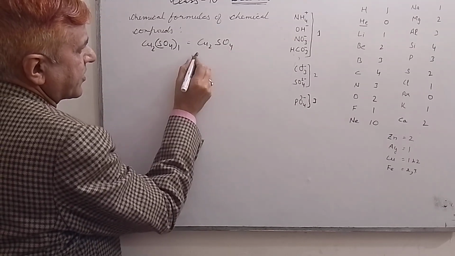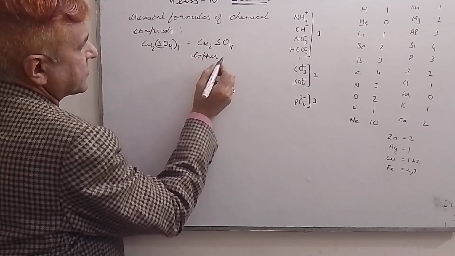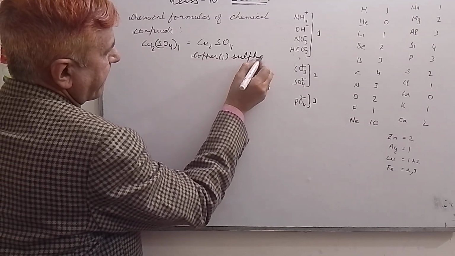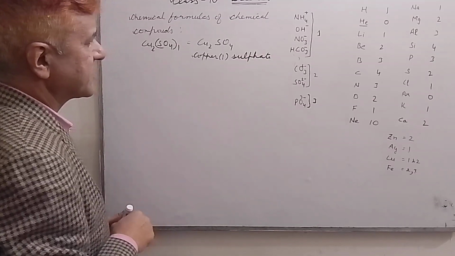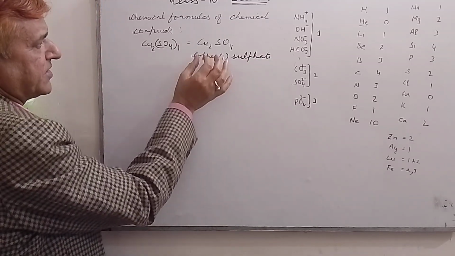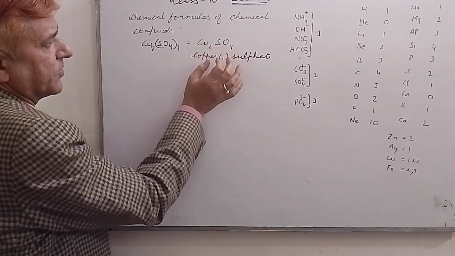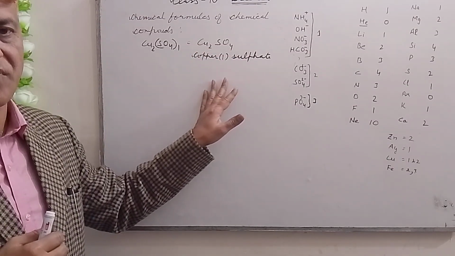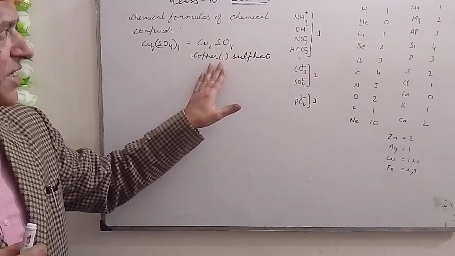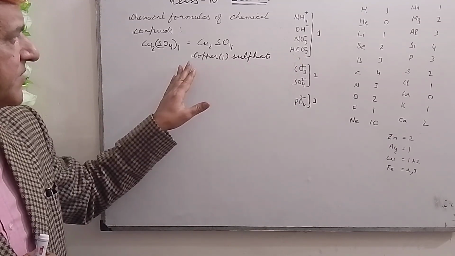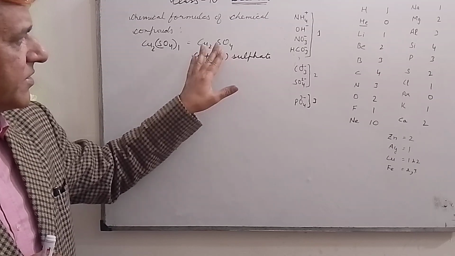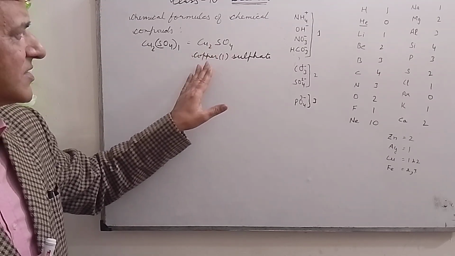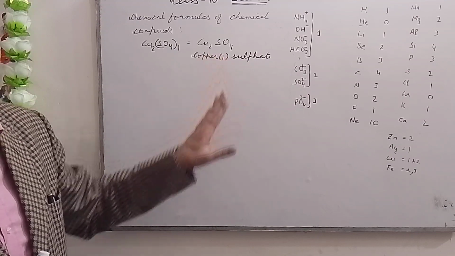What is the name? Copper, with valency 1, sulfate. But my dear students, let me tell you that in this form, Cu2SO4, copper sulfate doesn't really exist. Although we can write the name according to our formula, and this compound does exist according to the formula, it exists only in very small amounts.